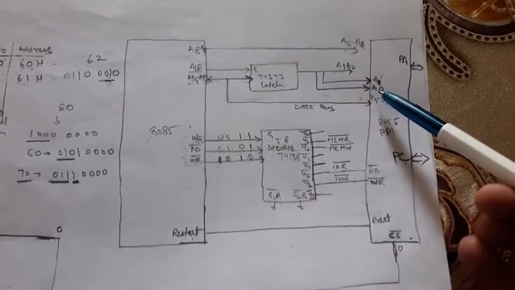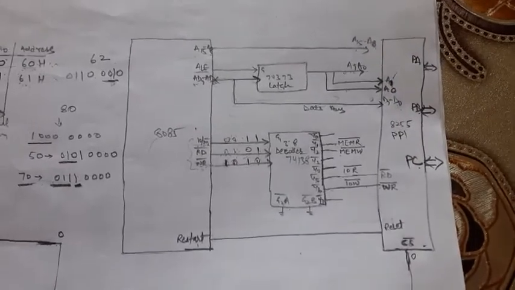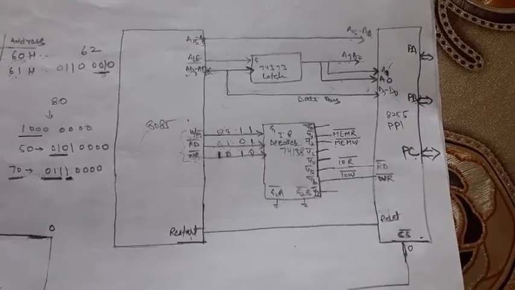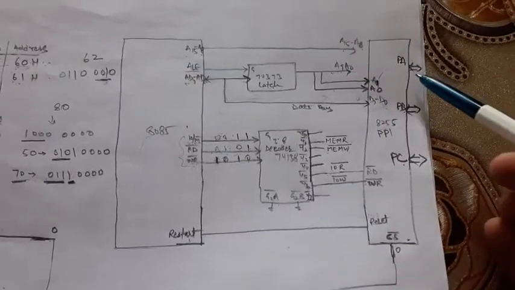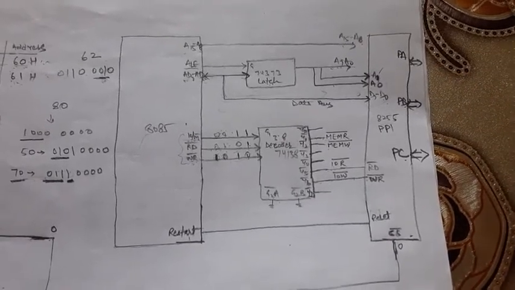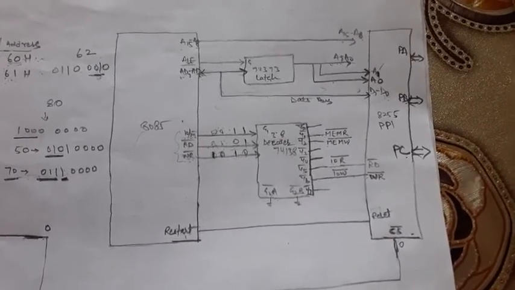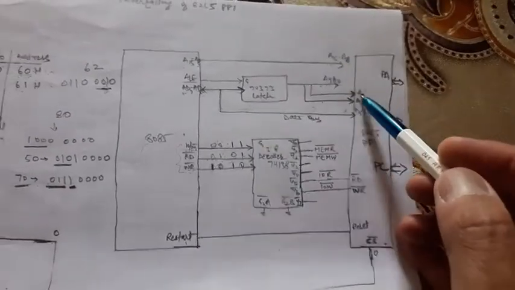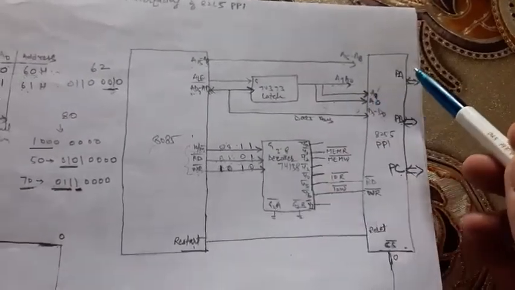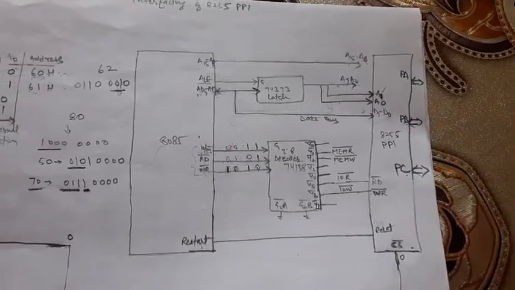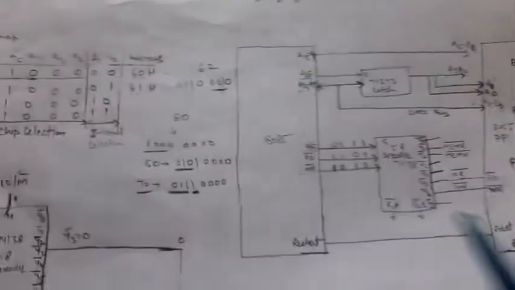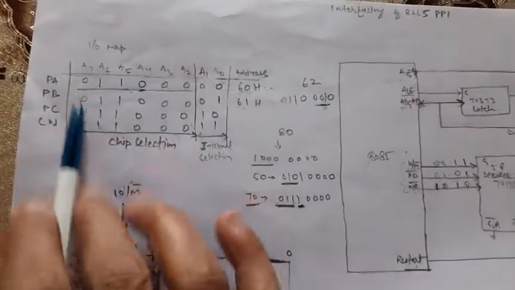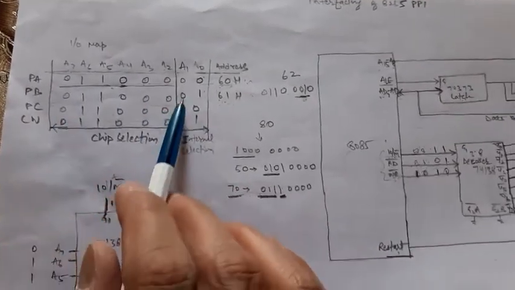These A1 and A0 lines will decide whether port A, port B, port C, or the command word will be selected. Based on the values of these lines, that selection will be done with this IO mapping. I will do this IO mapping very briefly.